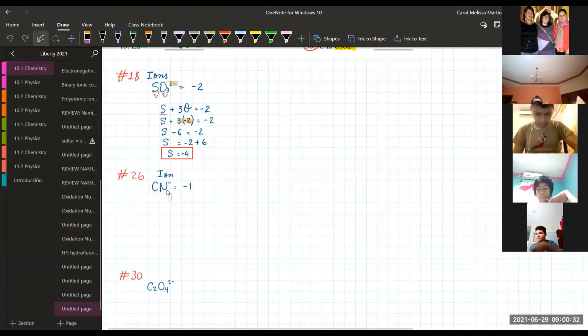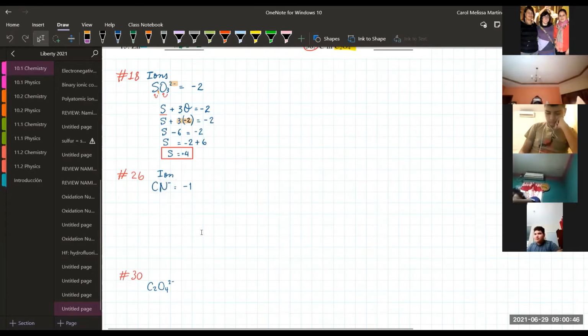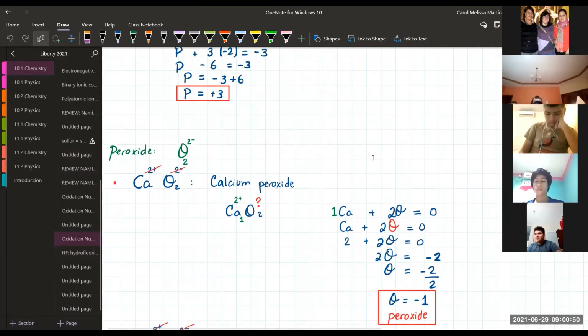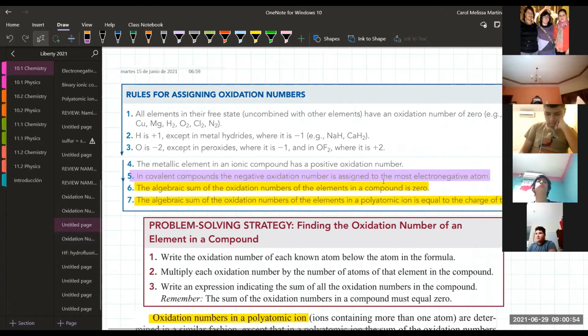We have carbon and we have nitrogen. Also, SO3 is a covalent compound, but we have oxygen and we have a rule for oxygen, but we don't have a rule for carbon nor a rule for nitrogen. So we need to follow rule number 5 that says that we're going to be using the electronegativity to assign the negative oxidation number.